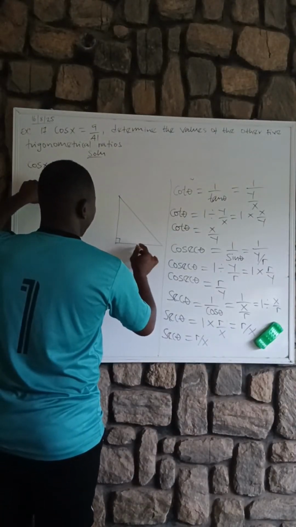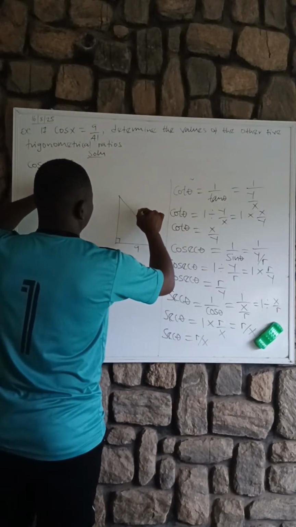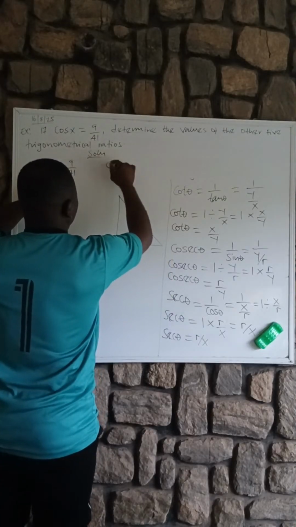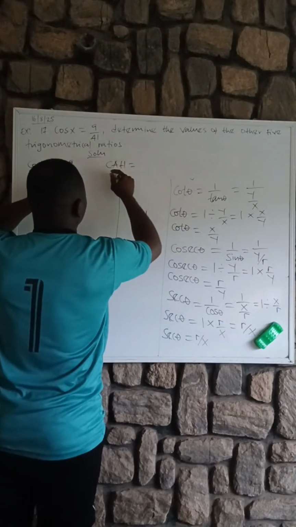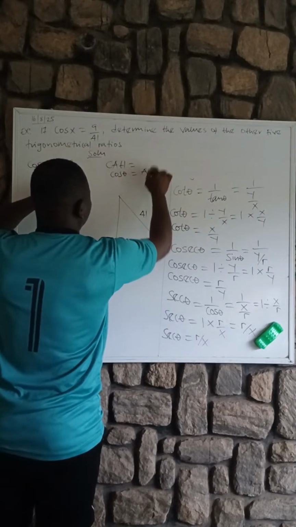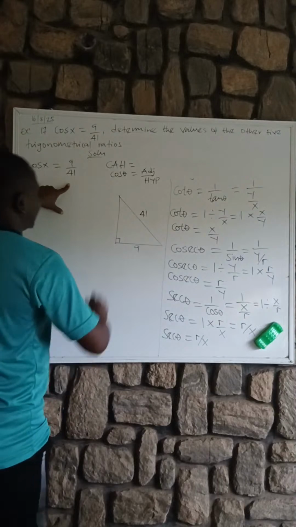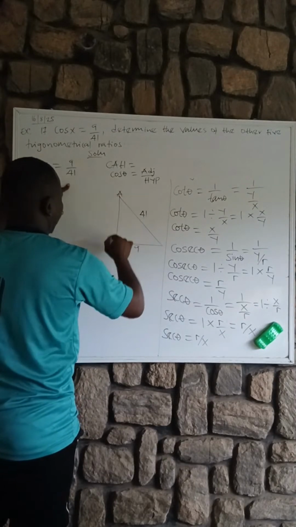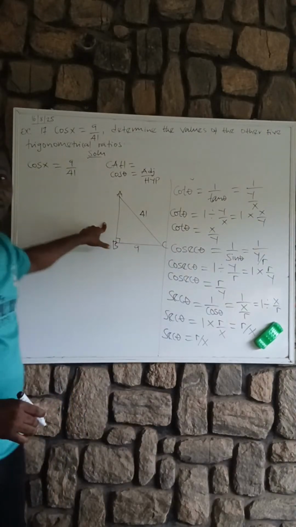So here will be 9, then here will be 41. So it means cos theta is equal to adjacent all over hypotenuse, isn't it? So let's just assume these angles to be A, B, and C, this right angle triangle.